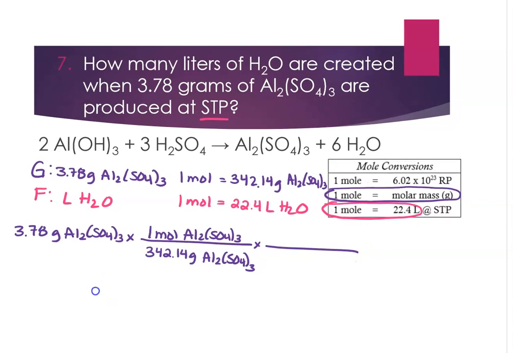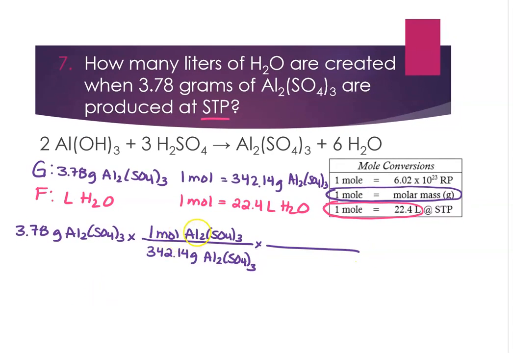Right? Now I need to convert from moles of Al2(SO4)3 to moles of what I am trying to find, which is H2O. So I look at my equation. There's no coefficient in front of the Al2(SO4)3, so that means it's just a 1. So this is going to go on the bottom so that moles of Al2(SO4)3 will cancel with moles of Al2(SO4)3.